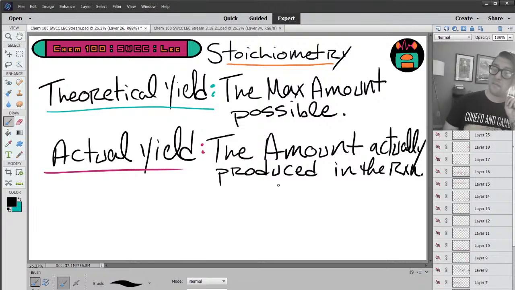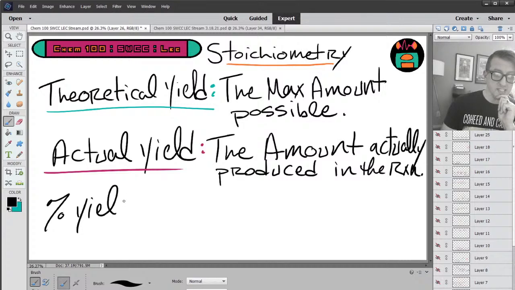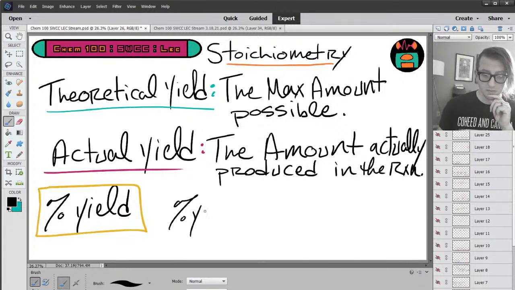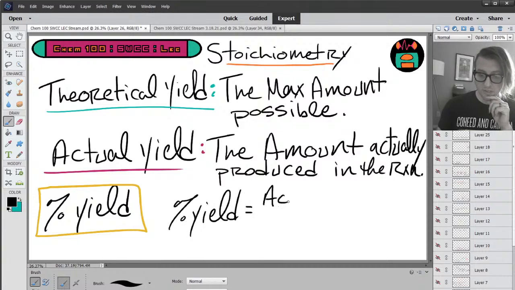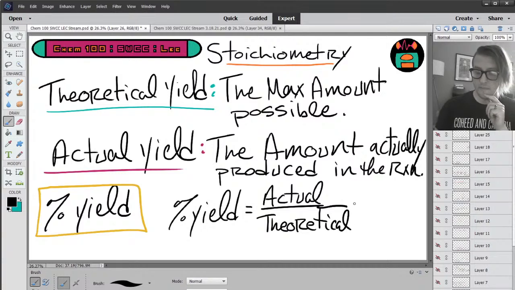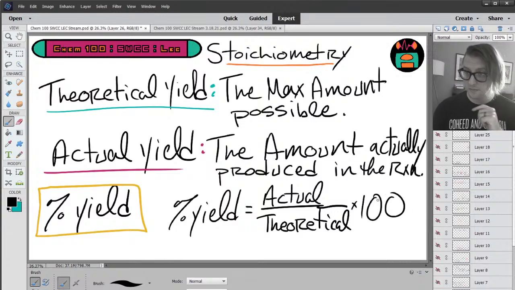All right, and the percent yield is an equation that you'll want written down on your exam sheet. The percent yield is equal to the actual yield divided by the theoretical yield, multiplied by 100.